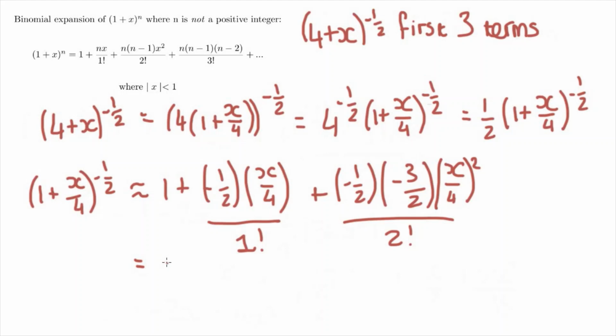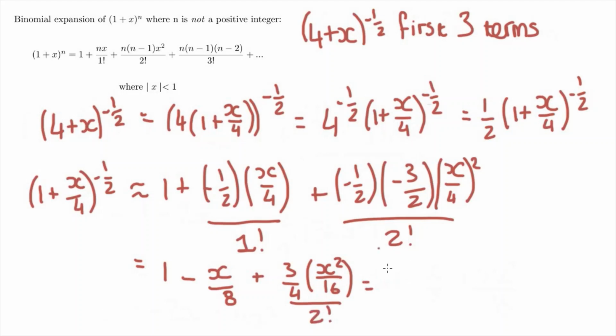So now we're just going to simplify everything, so we're going to get 1 minus x over 8, and then these two multiplied together make 3 over 4, so we get 3 over 4 times x squared over 16 over 2 factorial, which is 1 minus x over 8 plus 3x squared over 128.